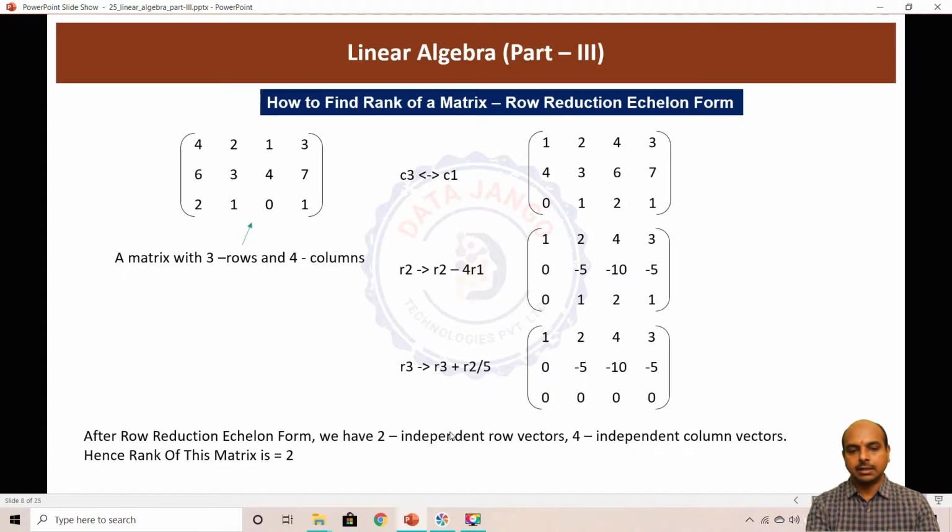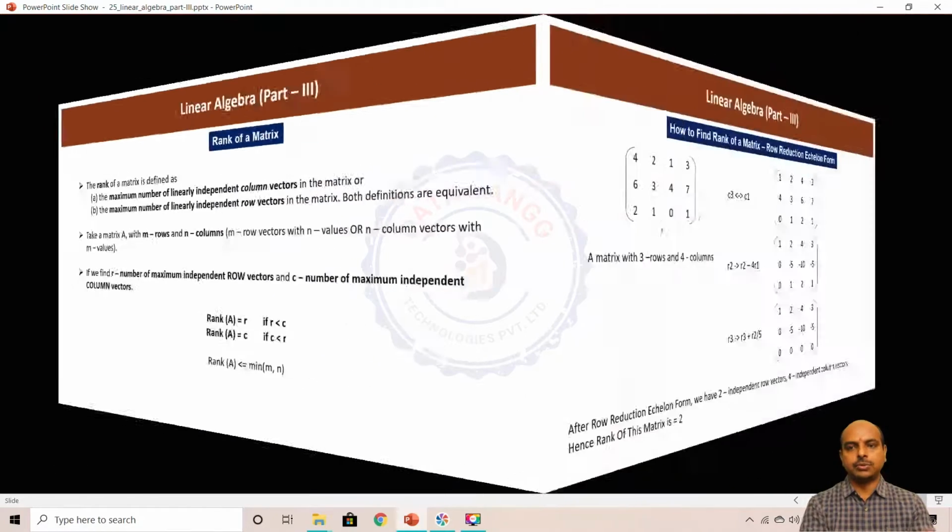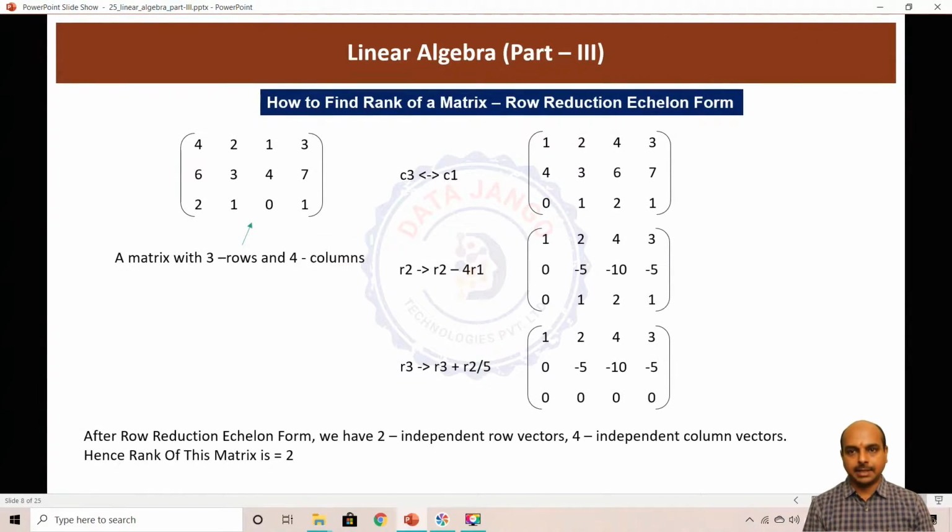If you look at the definition here, the rank of A is equal to R if R is less than C, where R is the maximum number of independent row vectors. So that's how you find the rank of a matrix: the maximum number of independent row vectors or column vectors, whichever is minimal. Okay. Thank you.